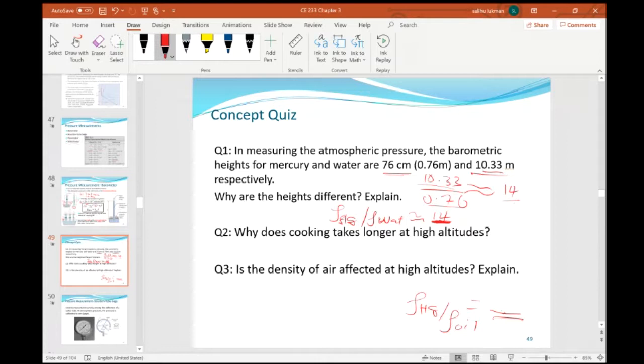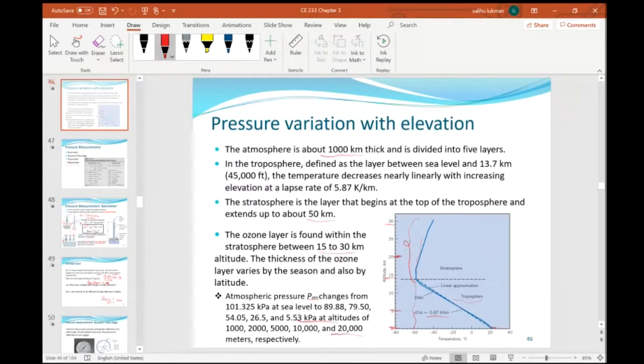Now the other question is, why does cooking take longer at high altitudes? I explained it before when explaining the Himalaya and the Jeddah scenario. When we go back to this, you can see the atmospheric pressure decreases with height. Let's say you are about 10 kilometers above sea level. What is the pressure?